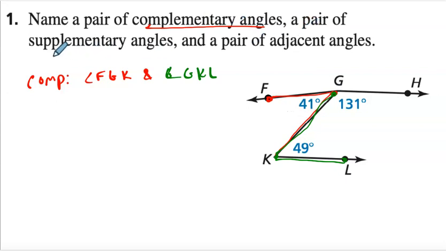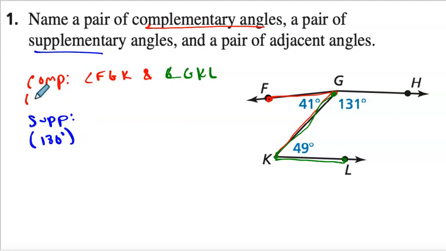All right, a pair of supplementary angles. Again, supplementary is going to be angles that equal 180 degrees. So I'll just put this in parentheses: 180 degrees. Complementary is 90 degrees. Now I'm going to erase what I wrote. I'm looking for my supplementary angles, so what two angles will give me 180?